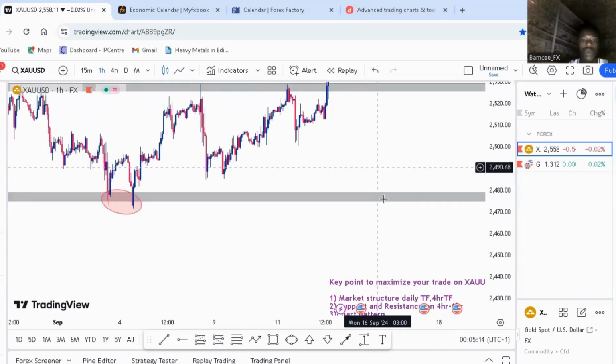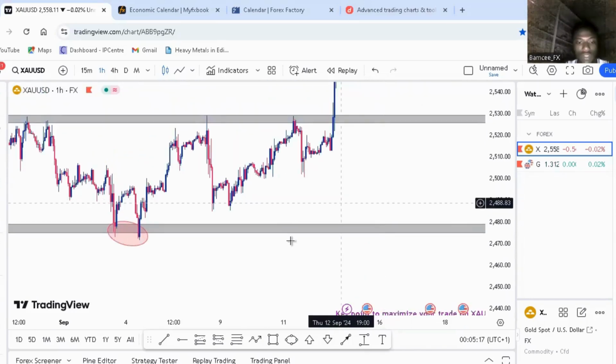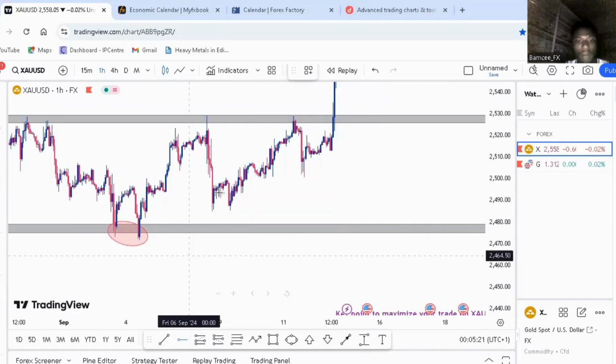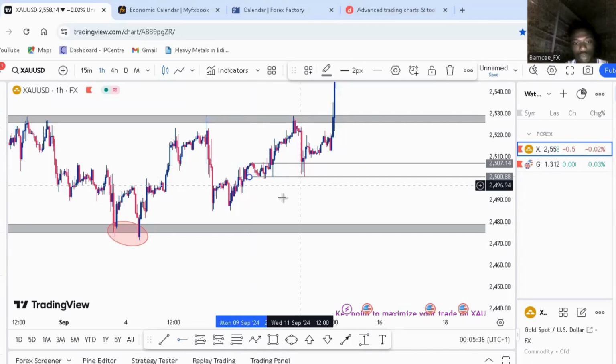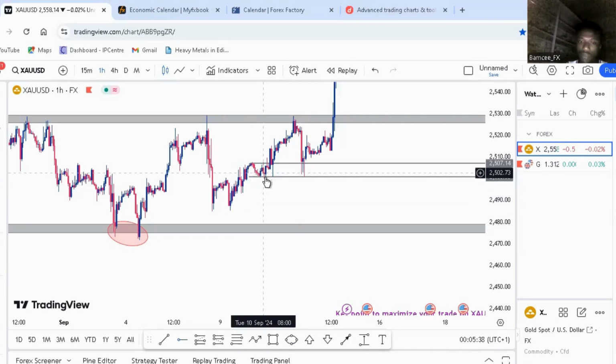Now, when gold was buying, I noticed that gold left an area of minor support over here, which is this area. Gold left a minor support over here, and also another one, my 2 recent support areas that gold left, and I was watching that particular area.